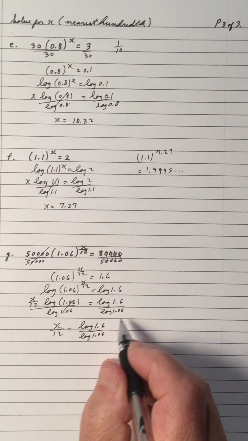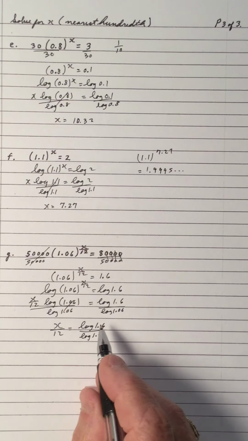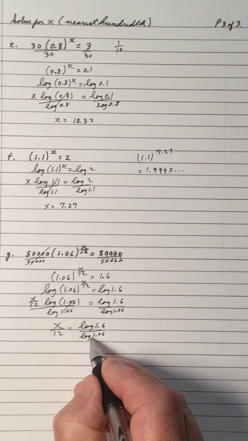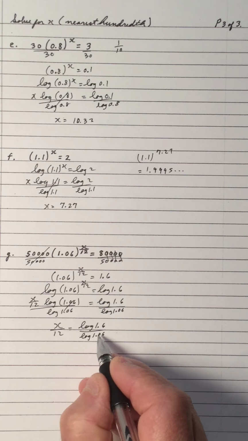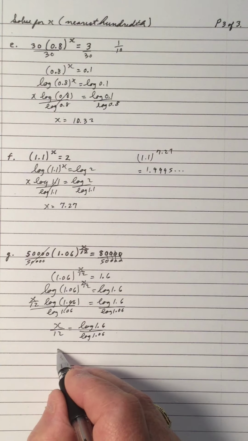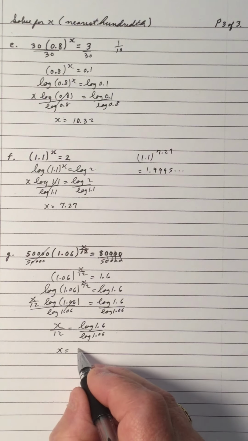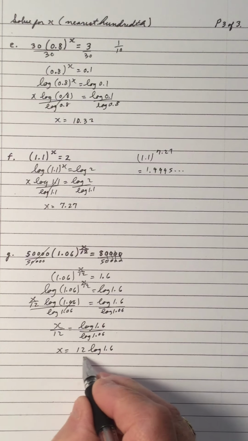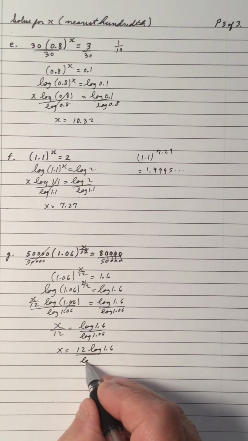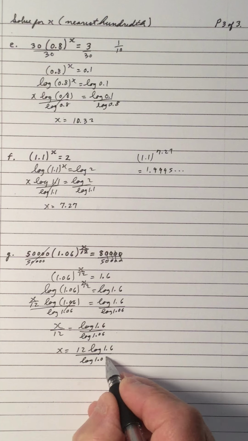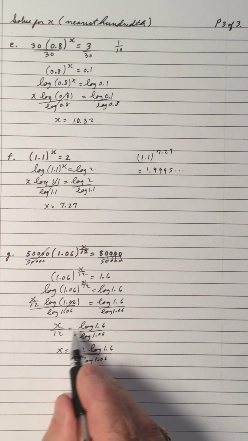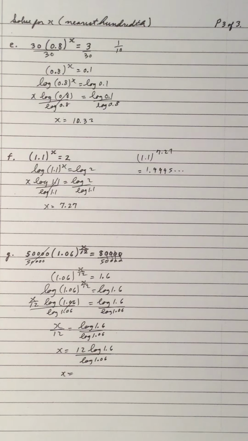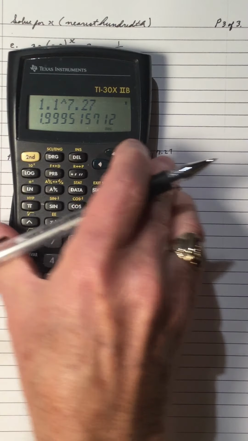Notice I have two fractions equal, so I'll cross multiply. So let's take a shortcut. x times the log of 1.06 equals 12 times this. So as a shortcut, we take the 12, multiply by the log of 1.6, and divide it by the log of 1.06. Again, multiply those two and divide by this one. And we work that out with a calculator.